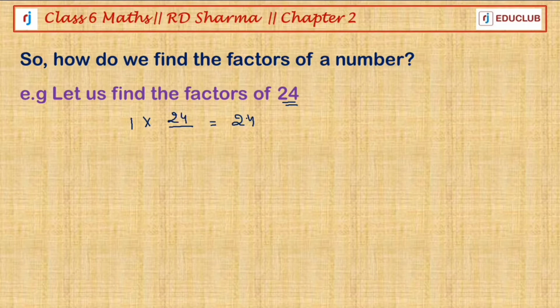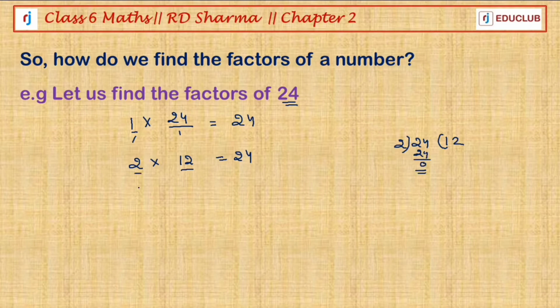So 1 and 24 are its factors. Now we will go ahead with the next number. After 1 we will try 2. 2 into 12 is equal to 24. When we divide 24 by 2, we get 12 as the quotient and remainder 0. So 2 and 12 are its factors.